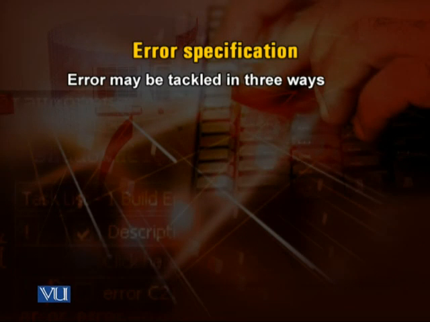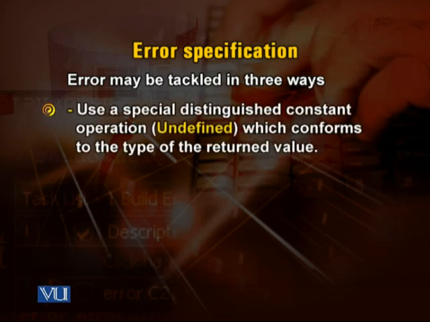The error can be tackled in three ways. We can use a special distinguished constant operation like undefined. When we see a value undefined coming back, that is an indication of some sort of an error, which conforms to the type of the return value, but it indicates an error.